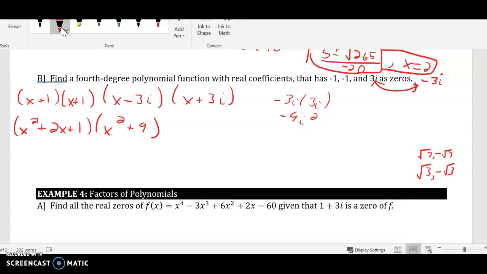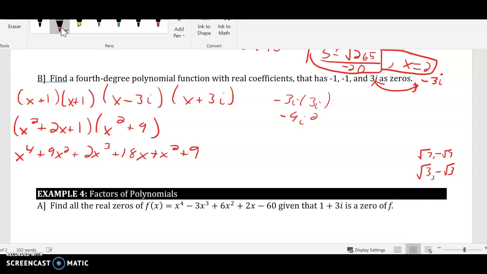And then the only thing that's left for you to do, you have to FOIL this stuff out. So take x squared times x squared, you get x to the 4th. Take x squared times 9, 9x squared. Take 2x times x squared, 2x cubed. 2x times 9 is 18x. Take 1 times both of them.